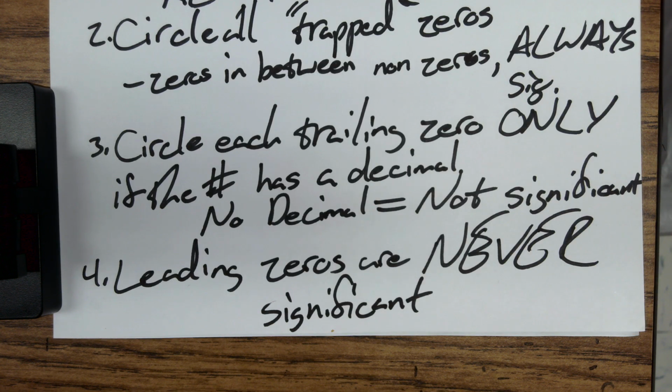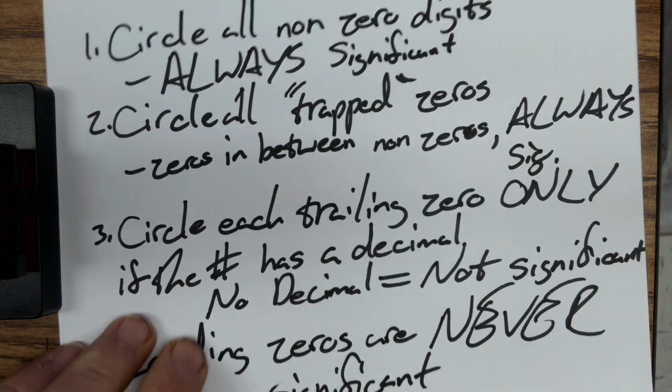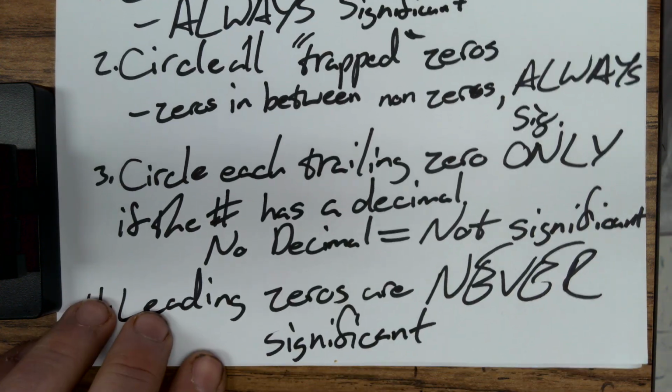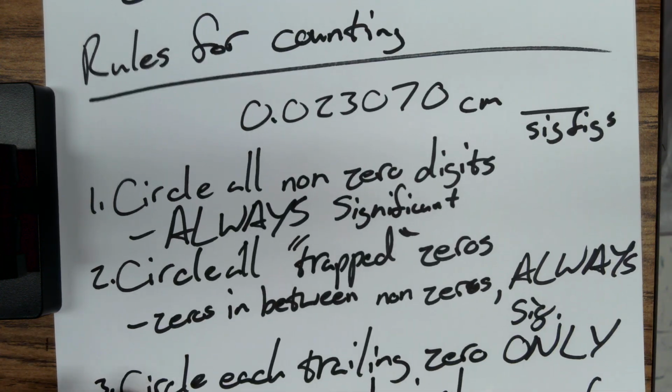Two steps, always significant. Step 3, if-then. Step 4, those zeros are never significant. Using these 4 steps, I want you to tell me how many sig figs we count in our number that we started with at the top.